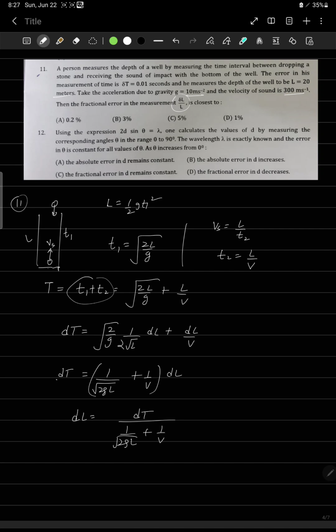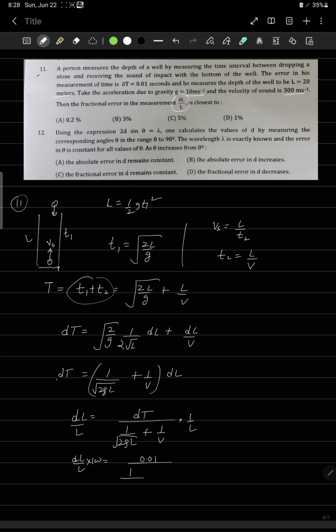Now we'll divide by L. Now you can see on the right hand side all the known variables are there, and on the left side we have the unknown, dL by L into 100. If you put the values, dT is 0.01 divided by 1 by root over 2gL.